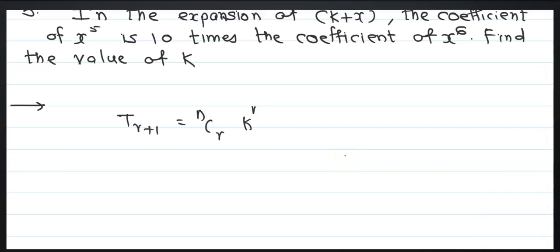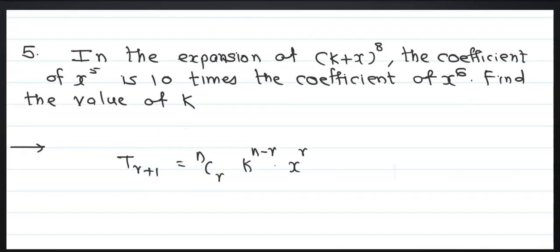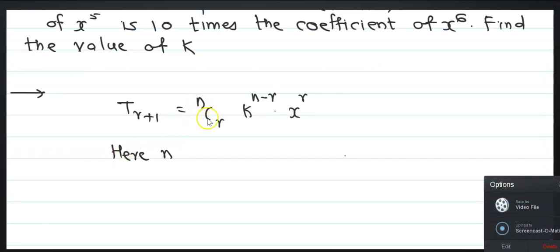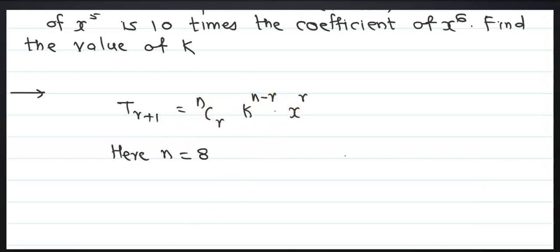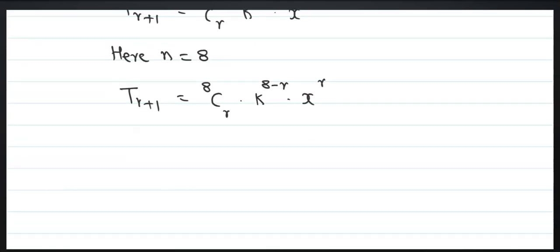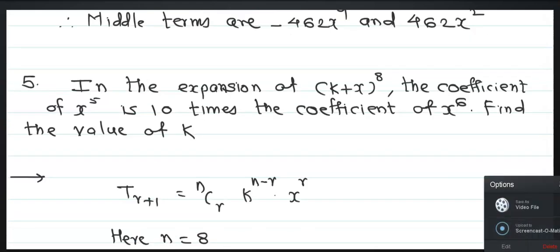Now we will find out the coefficient of x raised to 5 and x raised to 6. This is the formula: T(r plus 1) is equal to nCr k raised to n minus r into x raised to r. Here n is equal to 8, that is T(r plus 1) equals 8Cr into k raised to 8 minus r into x raised to r.